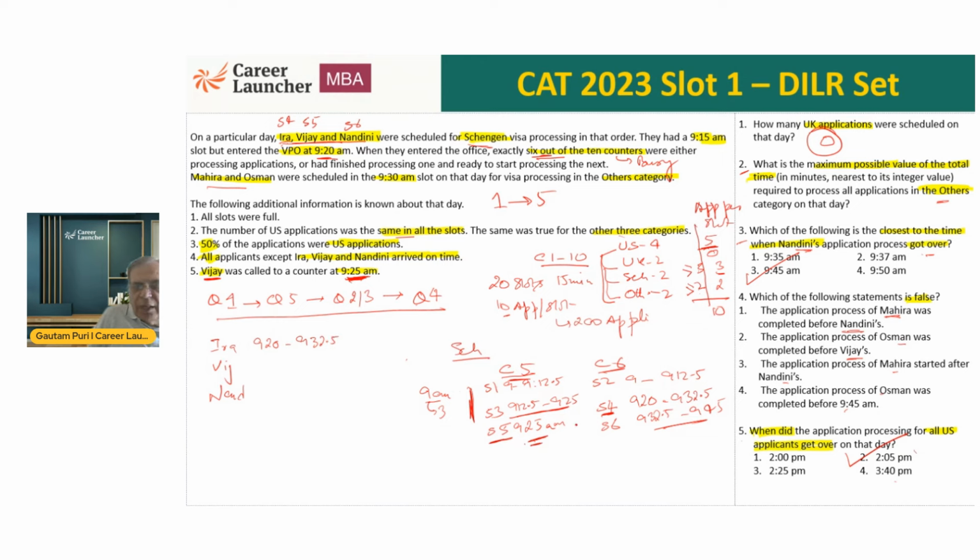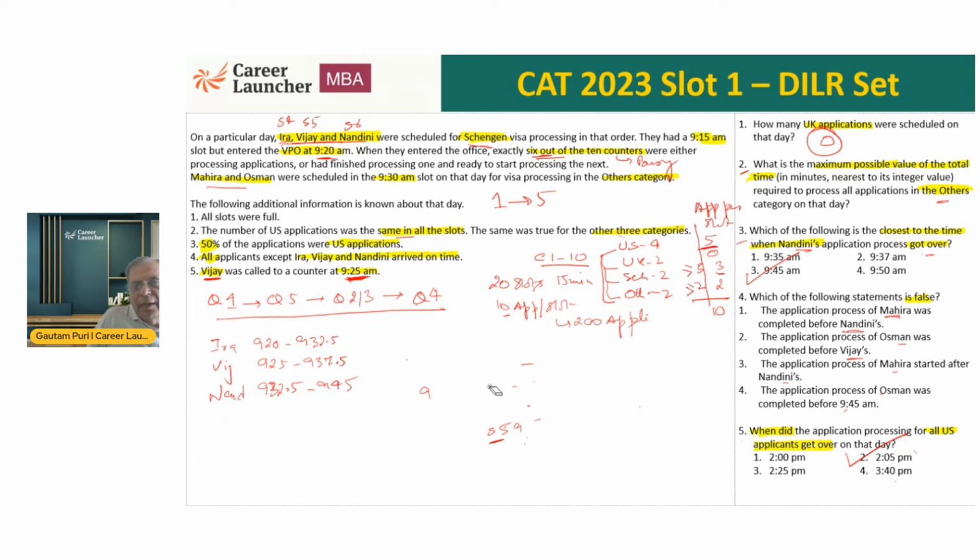Vijay's process will start at 9:25 and will go till 9:37.5. And Nandini's process will start at 9:32.5 and will go till 9:45. Right? Now let's look at the others also. And what are we clear about? Which are the 4 counters which are jobless at 9:20? The 4 counters which are jobless at 9:20 are the others and UK.